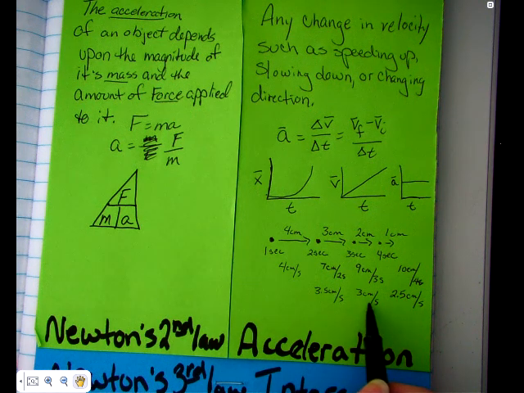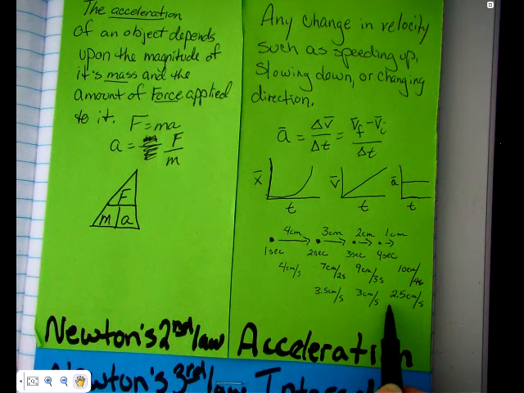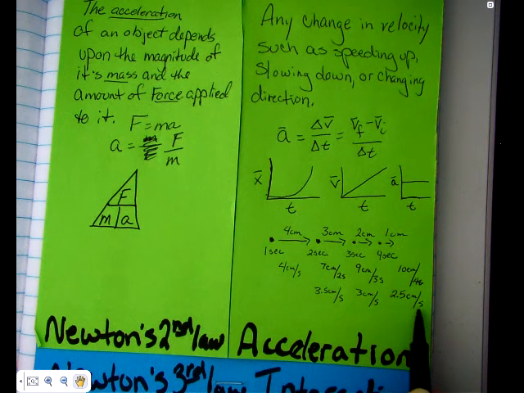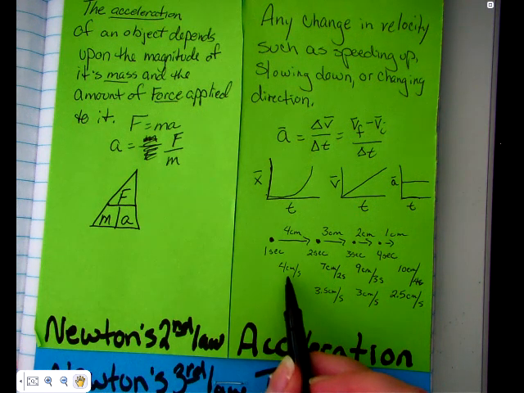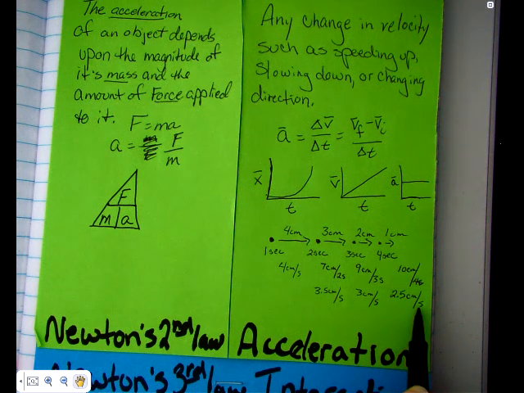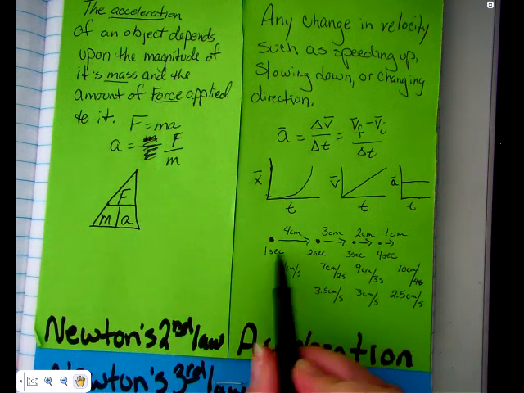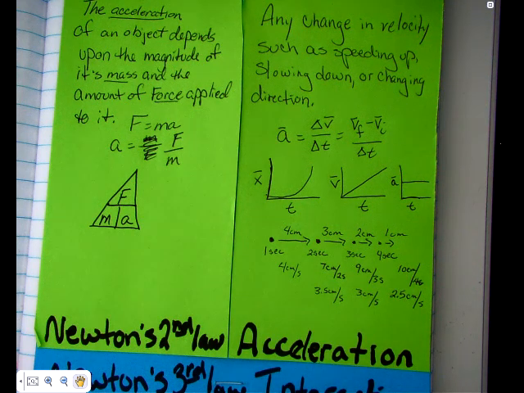And then 10 centimeters in 4 seconds translates into 2.5 centimeters per second. So it started out going 4 centimeters per second, and by the end it was traveling at 2.5 centimeters per second. So this is a free body diagram of how you would show acceleration. Okay?